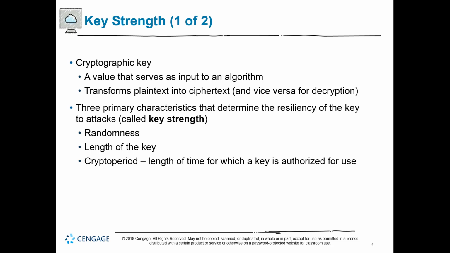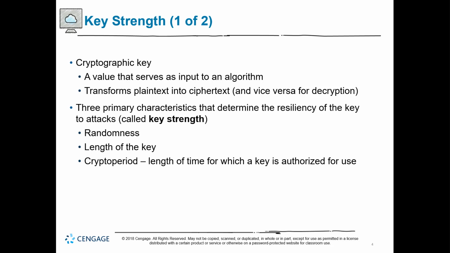Three primary characteristics must be determined: the resilience of the key, also known as the key strength, the randomness of the generated information, the length of the key, and the crypto period. The crypto period is the length of time in which a key is authorized for a user or an individual or algorithm to use.